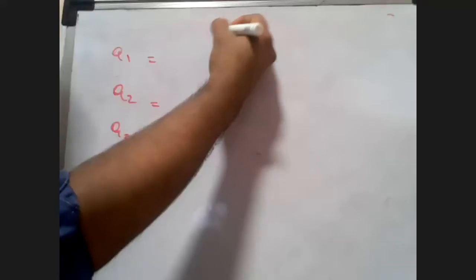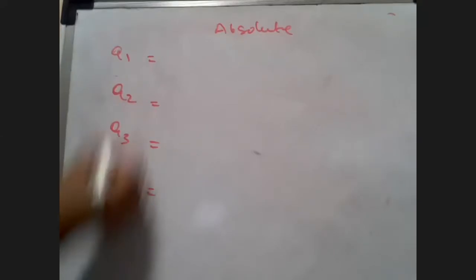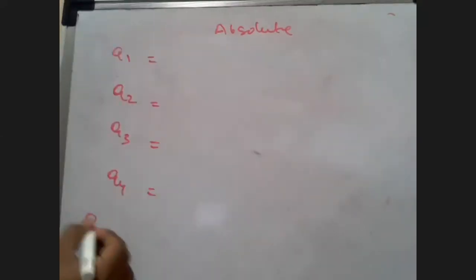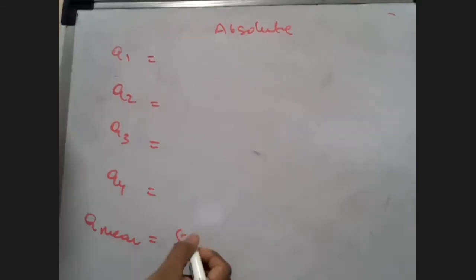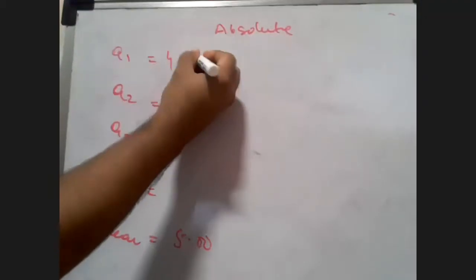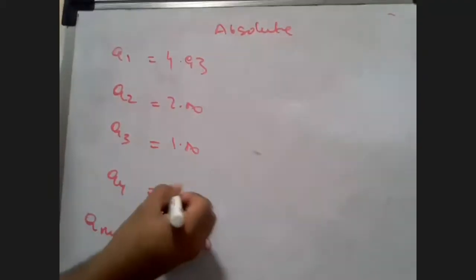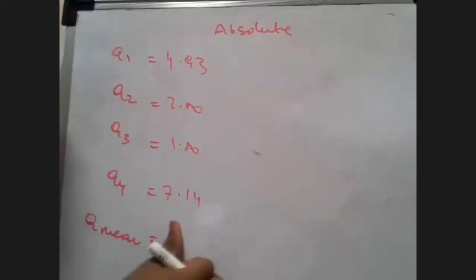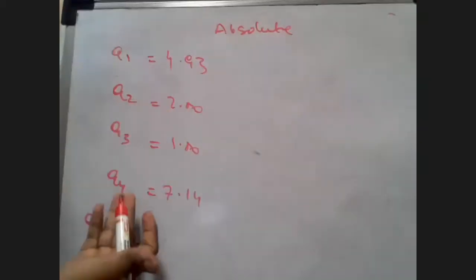And imagine also that I took a mean value of this and wrote that as A mean. Let's say that is 5.00. Let's give this some random numbers: 4.93, 2.00, 1.0, 7.14. Of course, this is not going to be some set. It is going to be (A1 + A2 + A3 + A4) by 4.